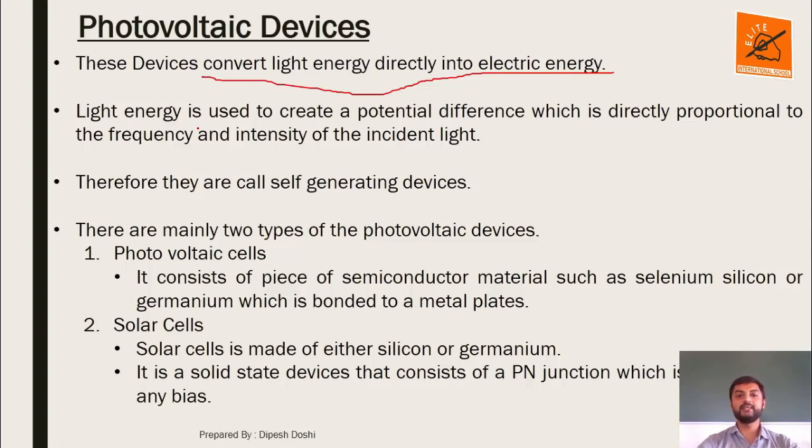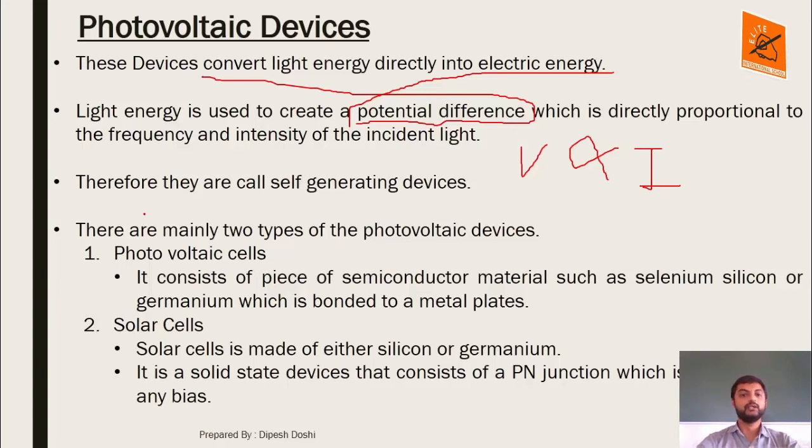Whatever light energy is incident on the photovoltaic device, it will be converted into electric energy by means of potential difference. Whatever potential difference is created is proportional to the intensity of light. There are mainly two types of photovoltaic devices: the first one is the photovoltaic cell and the second one is the solar cell.